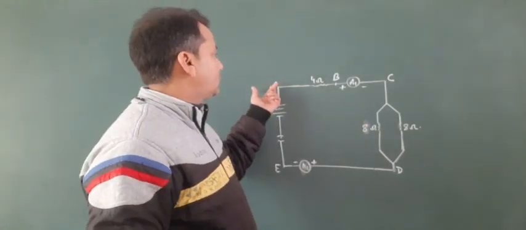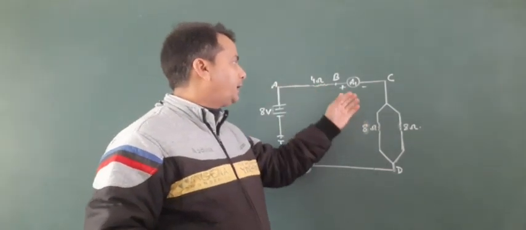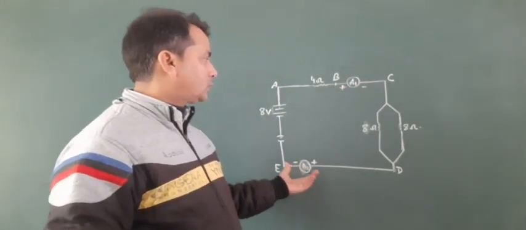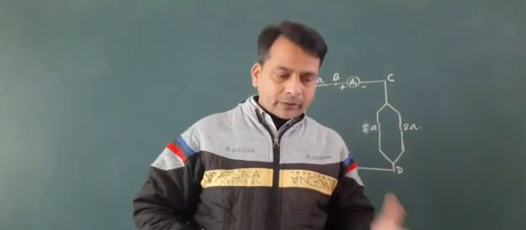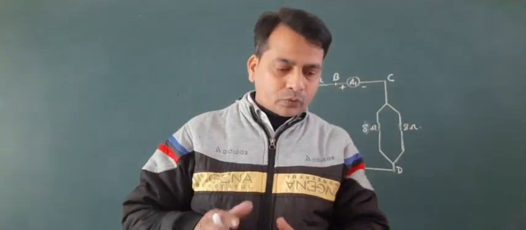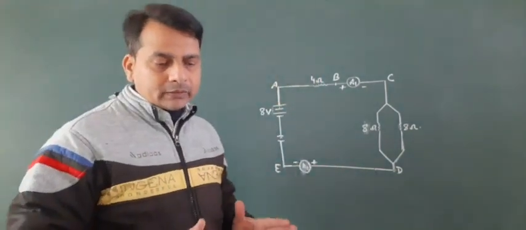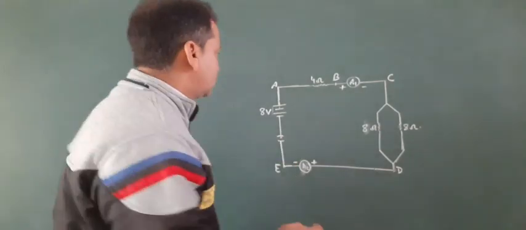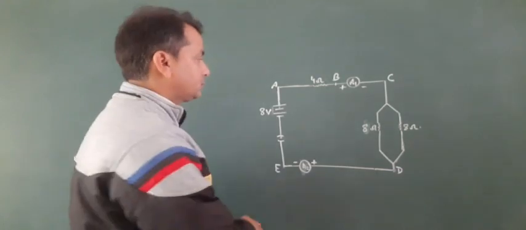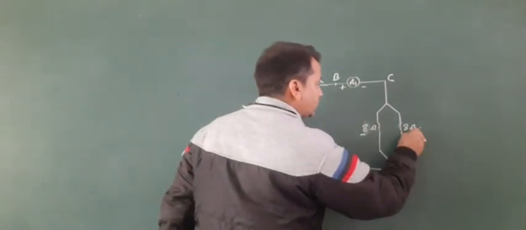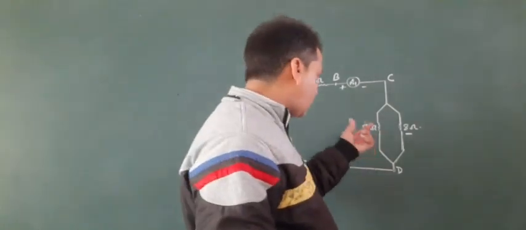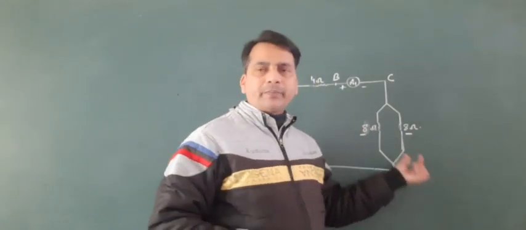So according to the first question in this circuit, the effective resistance of the two 8 ohms resistors in the combination: here in this circuit, two 8 ohms resistors are used in the form of a parallel combination.